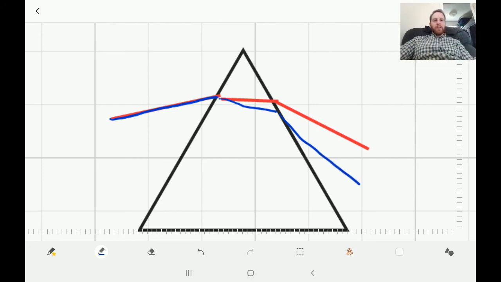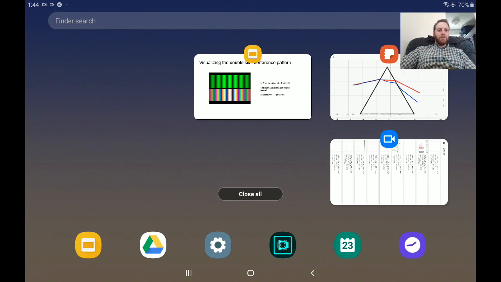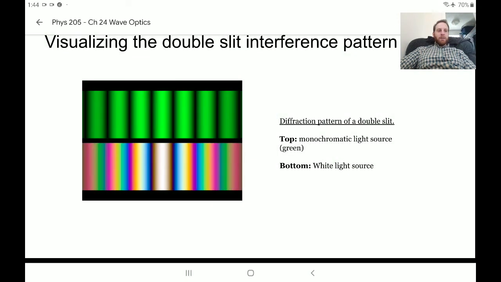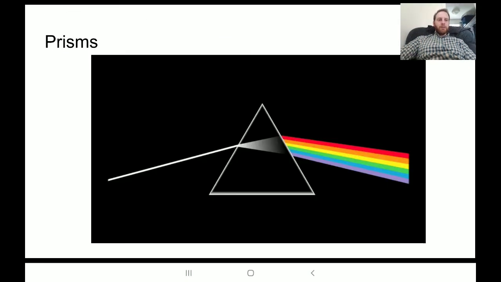And so there will be a separation of color based on wavelength. You may recall the cover of Pink Floyd's Dark Side of the Moon, but basically that is why a prism does what it does, and why you're able to see rainbows coming through various pieces of glass.